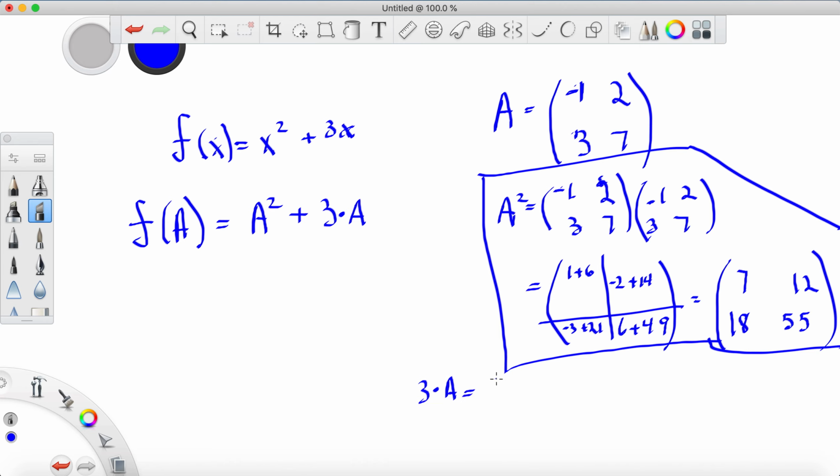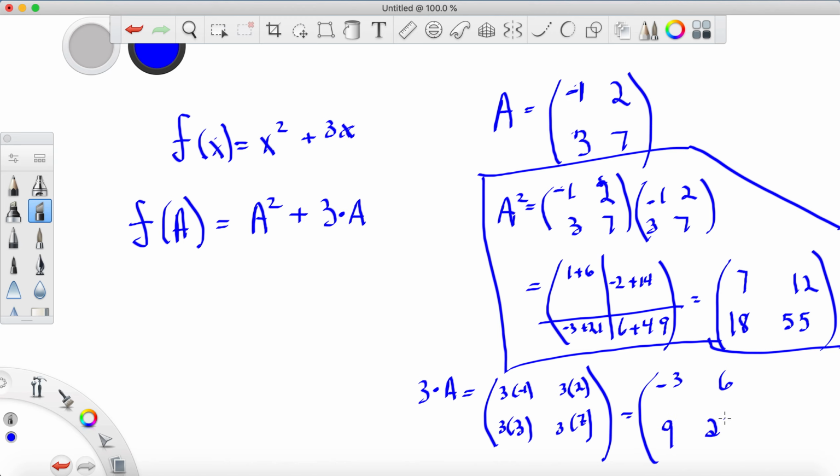So this is just going to be 3 times every entry. So 3 times -1, 3 times 2, 3 times 3, and 3 times 7. After the dust settles, you should have -3, 6, 9, and 21.